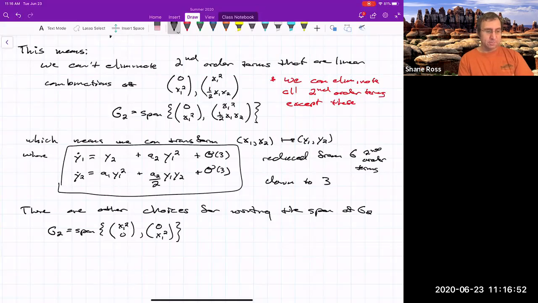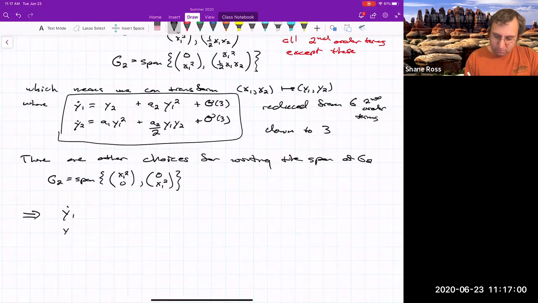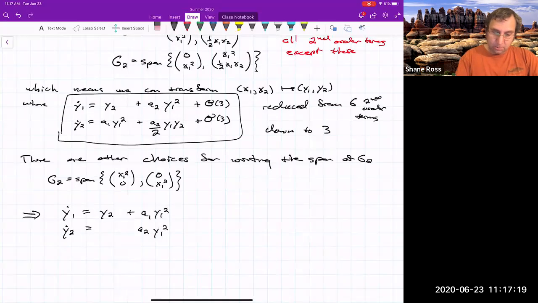So the first term squared, in which case this leads to y1 dot, y2 dot equals, this is y2, this is 0. They have different coefficients, so a1 y1 squared plus a2 y1 squared. Let's write it that way. So you have a choice in which ones you eliminate.